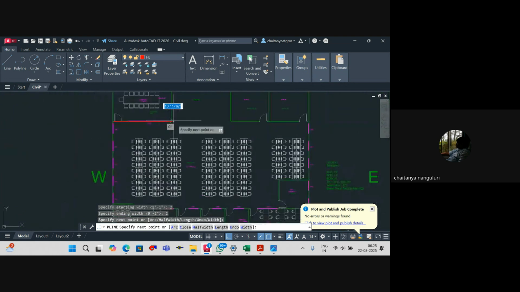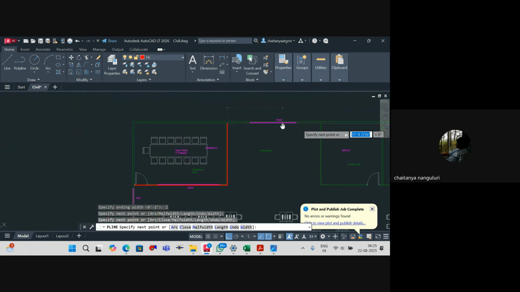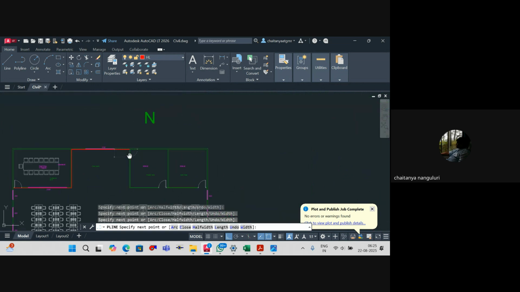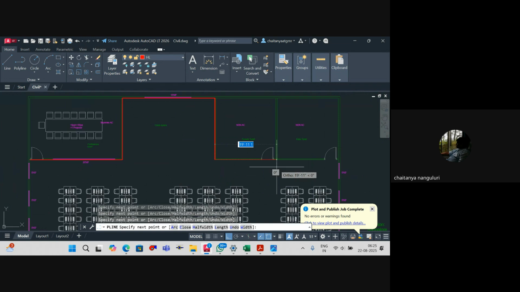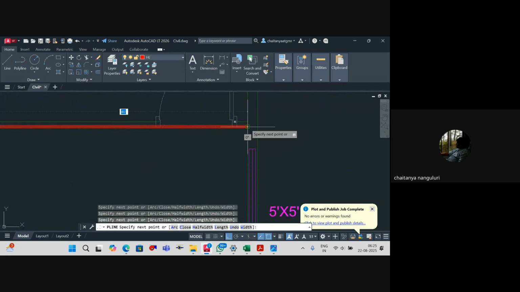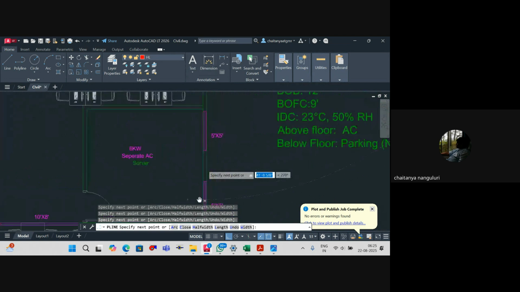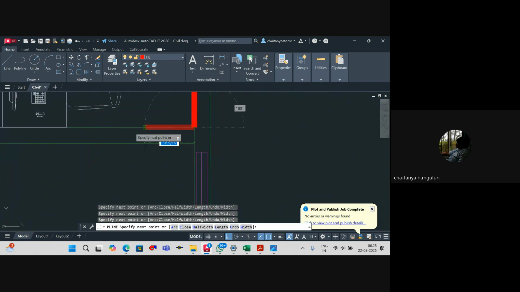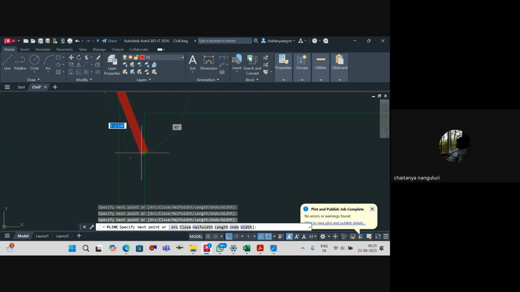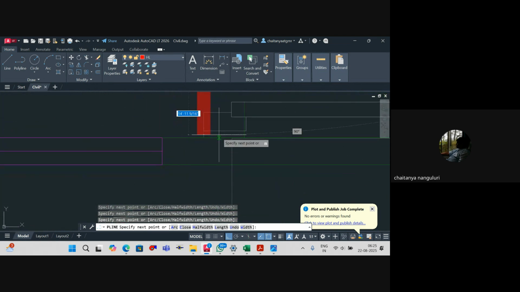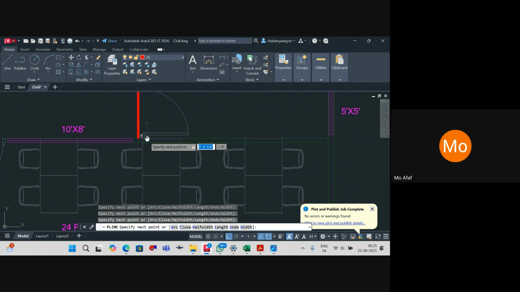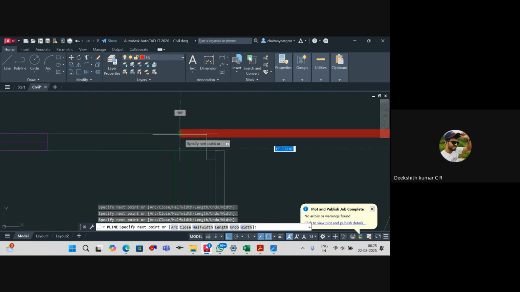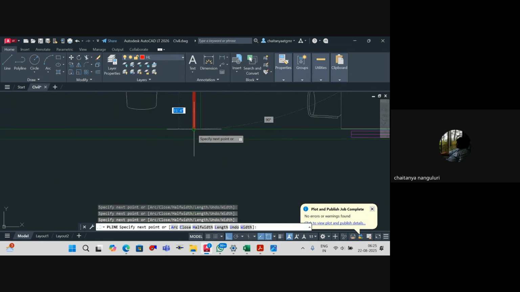This is our area to air condition. Toilet is a non-AC space. Server is also a separate air conditioning space, so I need not worry about that; we have to worry about it separately. You agree? And the pantry is also a separate air conditioning space. So all this is inclusion.